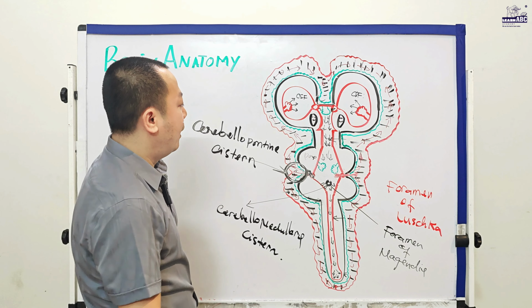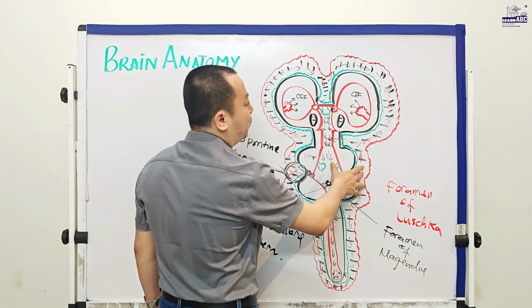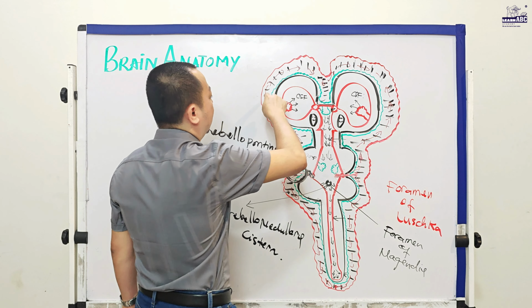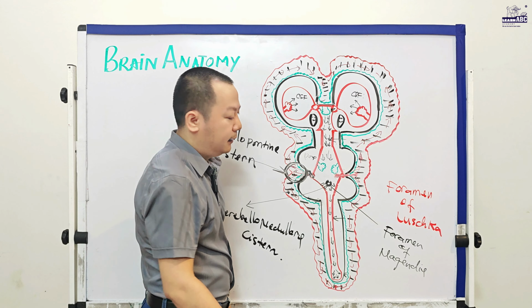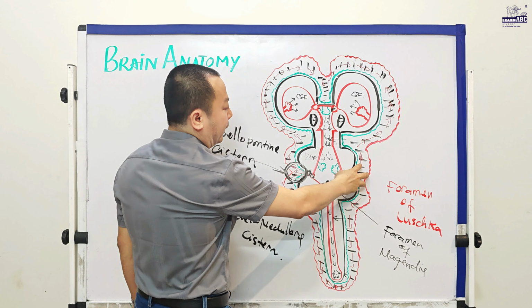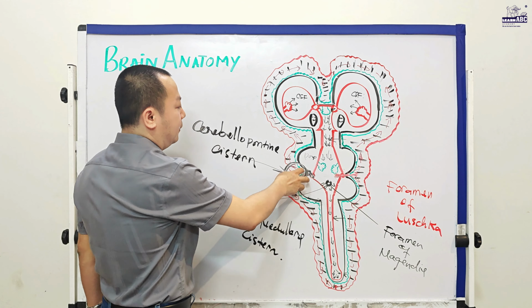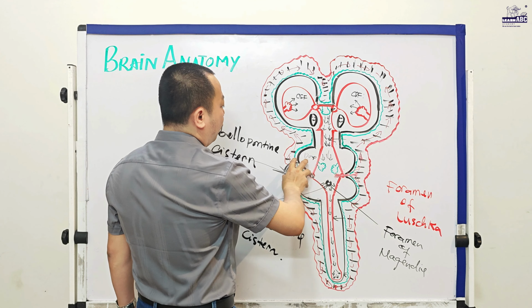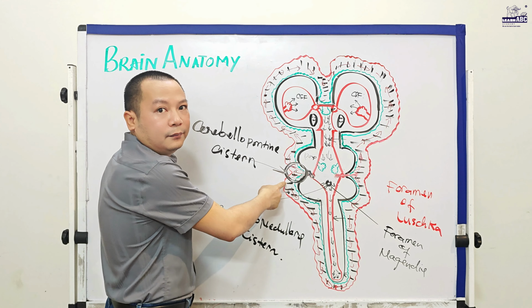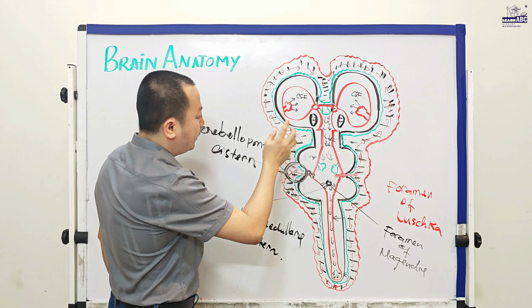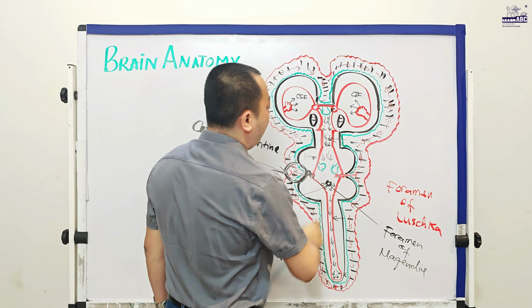And then they come out of the central nervous system to the subarachnoid space. At the junction where the cerebellum crosses the pons, we call it the cerebellopontine cistern.